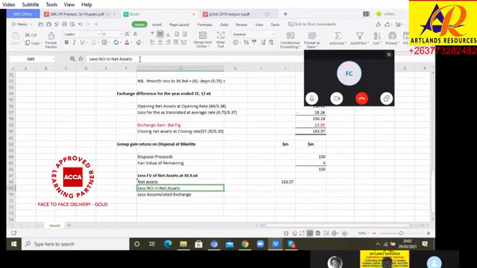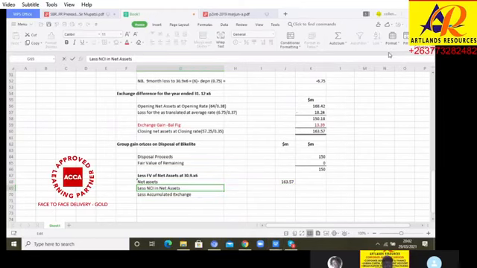So NCI net assets, let me say it's working 1. I want to put some workings there. Accumulated exchange differences, it's working 2.